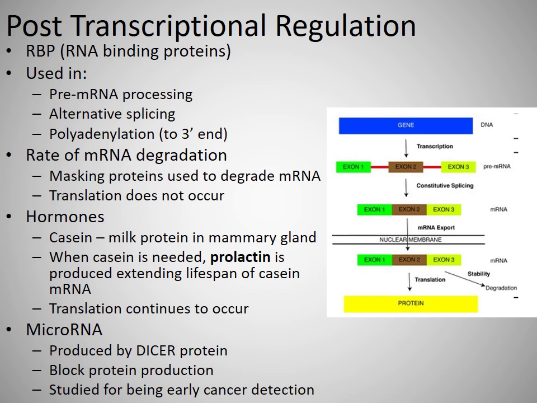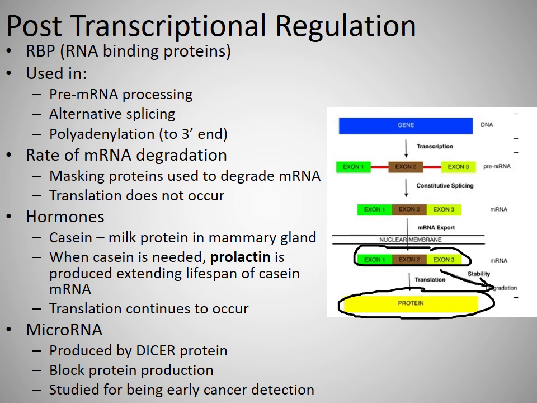Translation will not occur. That masking protein inside the cell will trick the cell, or tell the cell, that this mRNA transcript doesn't need to be translated, so the cell will degrade that mRNA transcript.